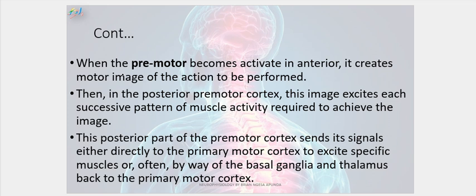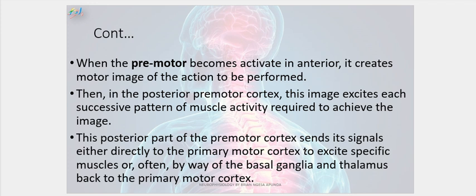So the premotor area is very important as part of the motor cortex. So exactly what does it do? When this area becomes activated, especially in the anterior part, it normally creates a motor image of the action that needs to be performed. Then in the posterior premotor cortex, this image excites each successive pattern of muscle activities required to achieve the image.